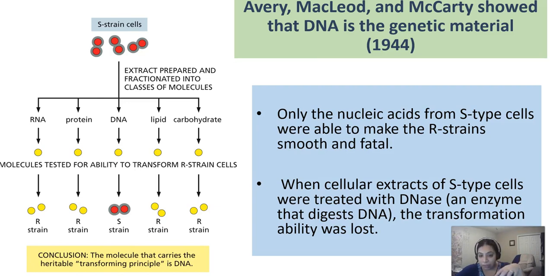Because the only time that they were able to have the R strain transform into the S strain was when there was DNA specifically present from the smooth cells that could be picked up by the R strain to transform it into the virulent strain. So the conclusion that they drew was that the molecule that carries the transforming material is the DNA itself.